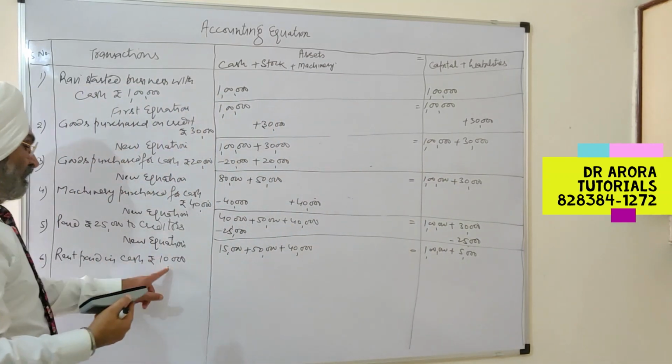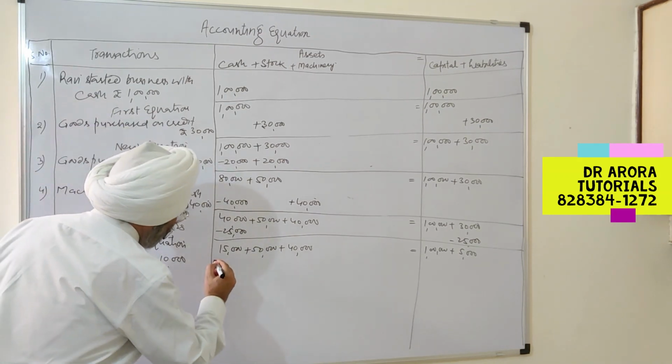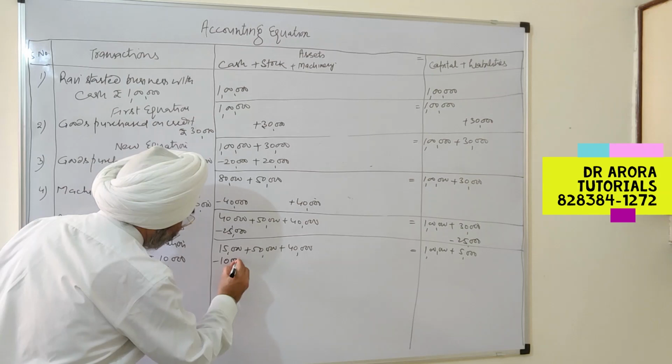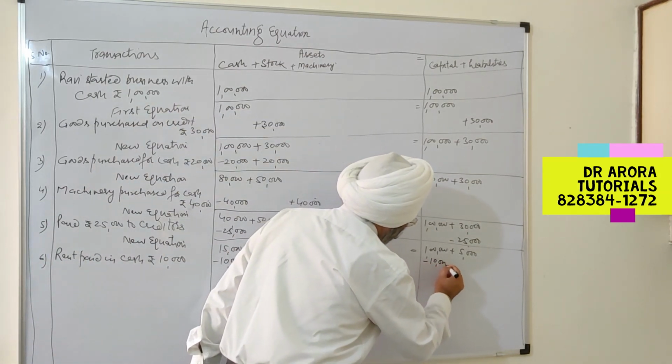Rent paid in cash. This is an expense. Our cash will decrease by 10,000 and our capital will decrease by 10,000.